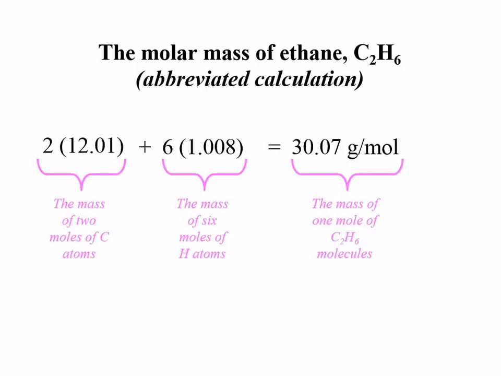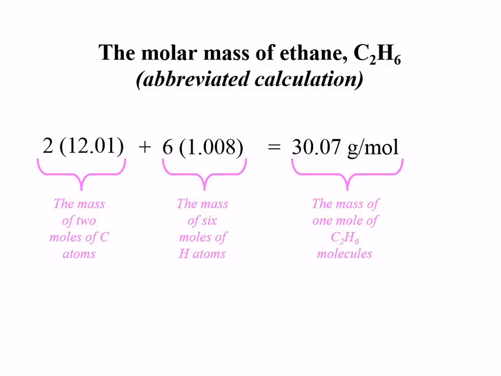That's it. And that's exactly what I'm showing up here: 2 times 12.01 plus 6 times 1.008. And then I just slap on grams per mole, molar mass. If I were coming up with a molecular weight, it would be the same number, but it would be AMUs, right? Yeah, okay.